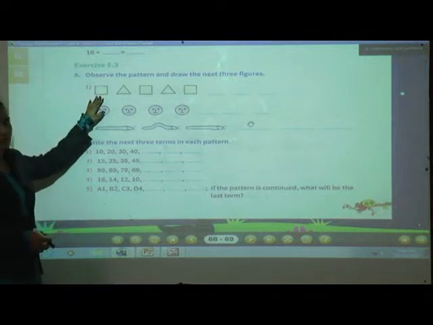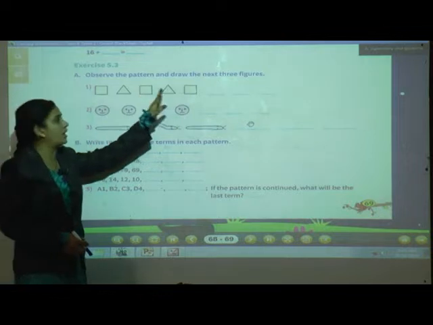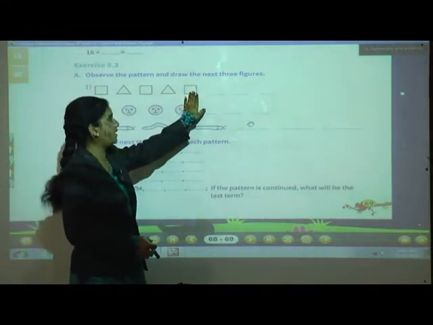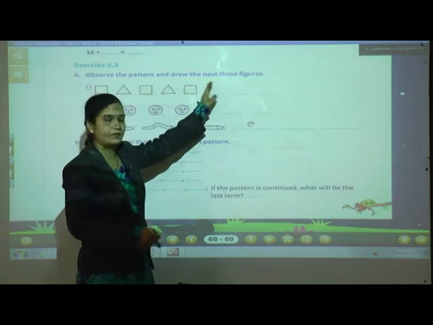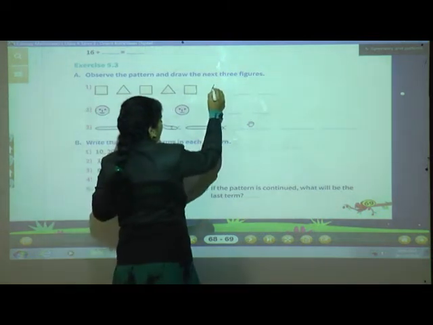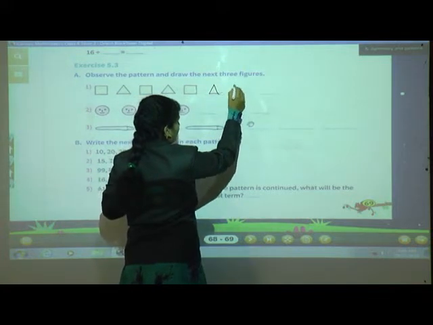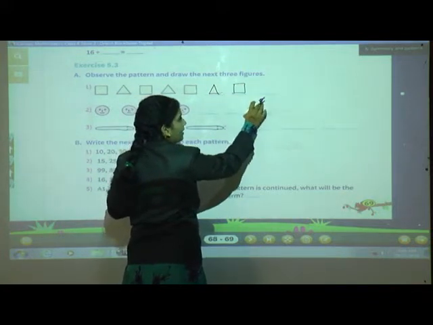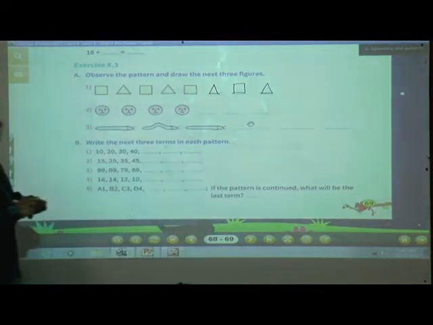Here is a square, then triangle, again square, again triangle, square. So what should I write here students? Yes, triangle, and here square, and here triangle. Understood all of you now?